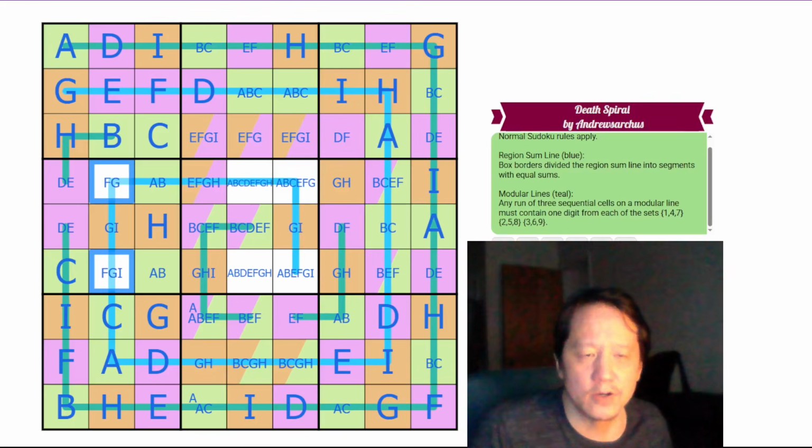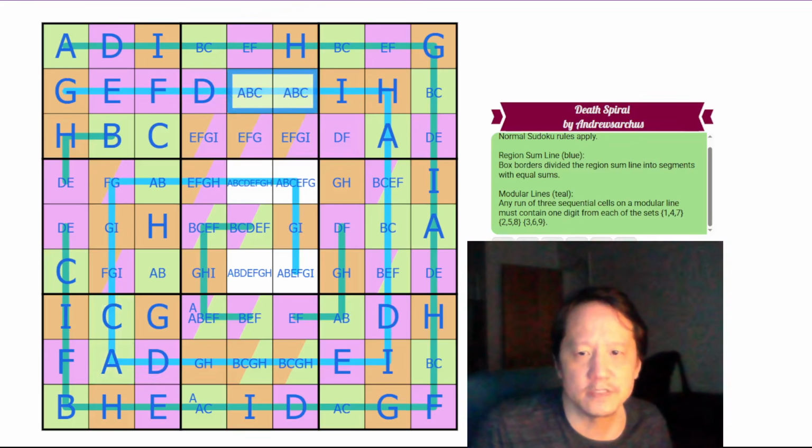These are pink or orange. So C is here. This is AC. Well, we know this already, so that's fine. This cannot be C. So A, C, and D add up to the same sum. So this is A, C, and D. This can't be C, that's B. No B here, no B here.